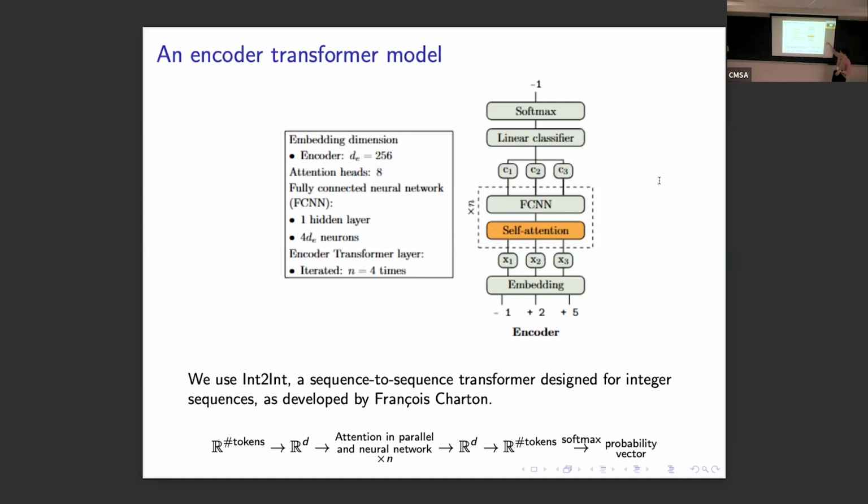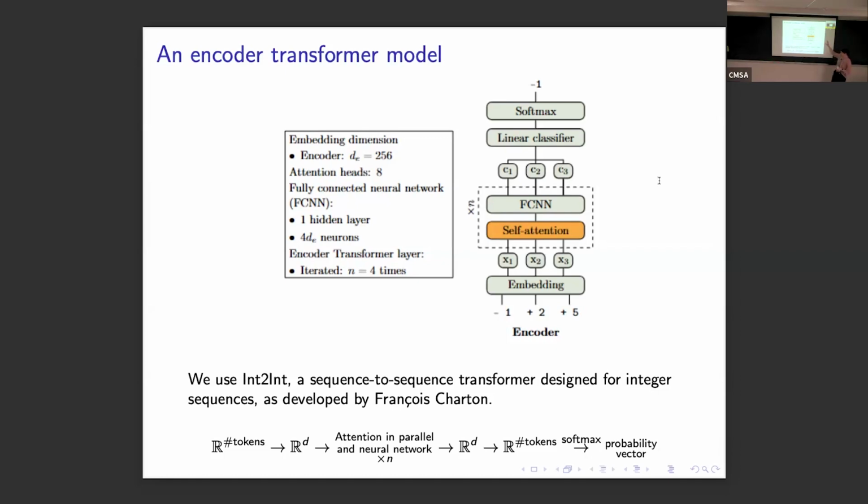Then there's a few different attention layers, a few feed-forward neural networks. The default that we used was 8 attention heads and 4 transformer layers, each of them with just 1 hidden layer. But all of these are parameters that you can play around with.